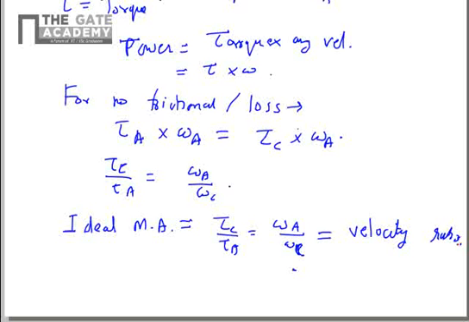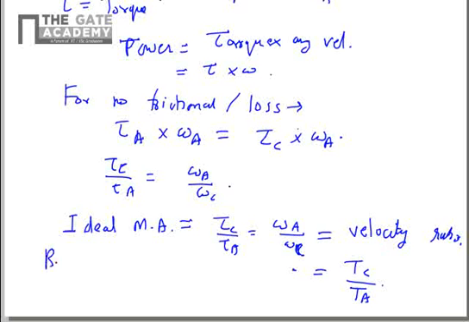So the ideal mechanical advantage is equal to the velocity ratio, and that is equal to TC by TA for the case of gear, number of teeth at the output gear divided by number of teeth at the input gear.